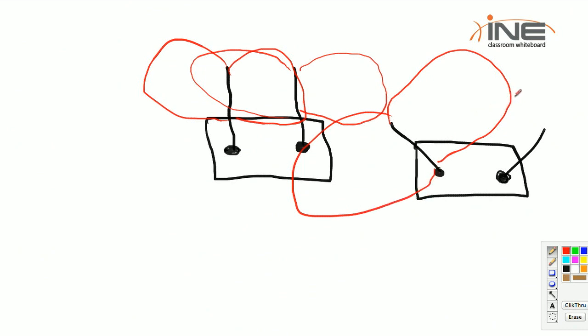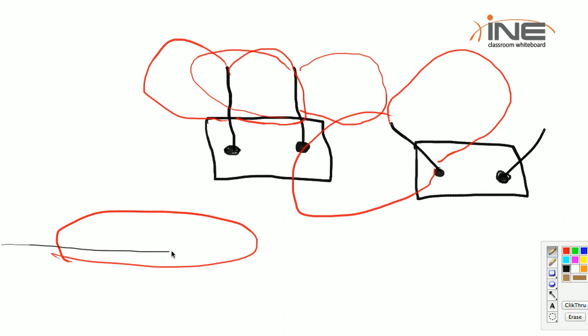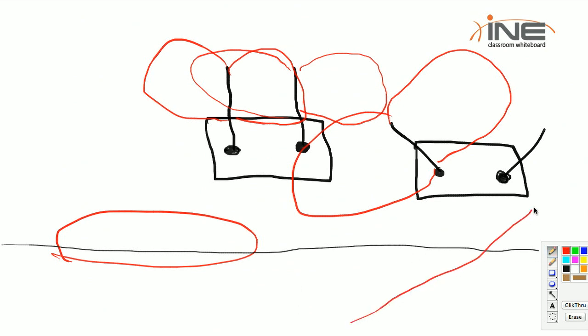So instead of being sent out omnidirectional across the room like this, if this is our horizontal axis here, they've kind of tilted the signal, and it's now going into the floor and up to the ceiling.